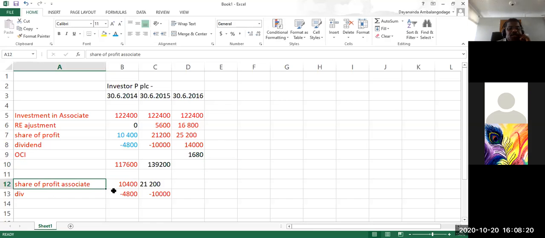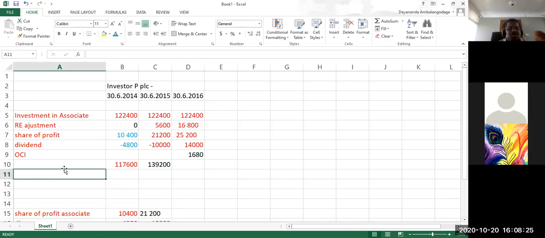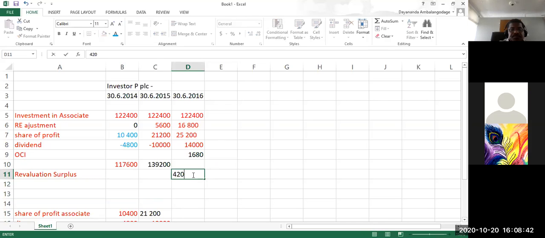In addition to these entries in this year, in your balance sheet you have to show revaluation surplus of 4,200, no? If you are putting in the journal entry, what I'm telling you is the balance sheet items, the extraction of the balance sheet I'm just showing you.